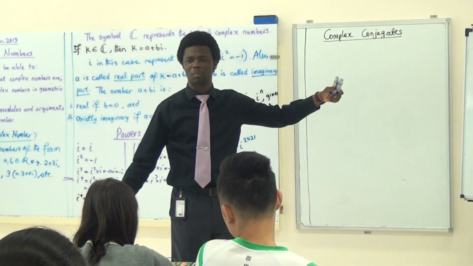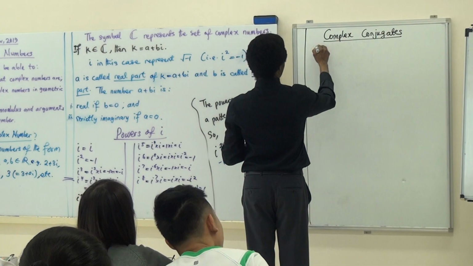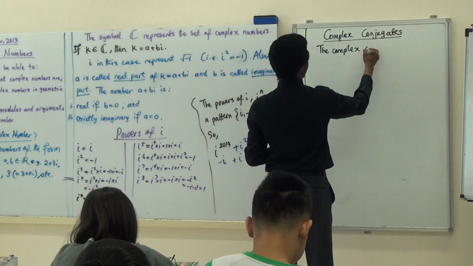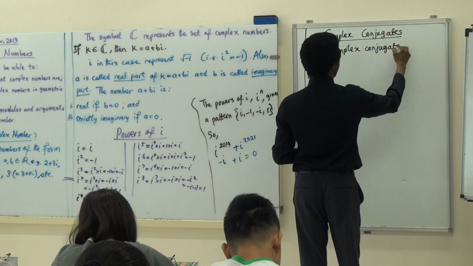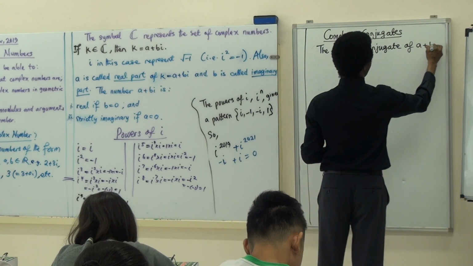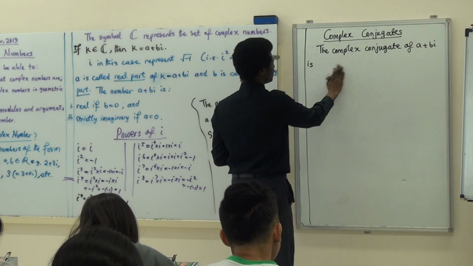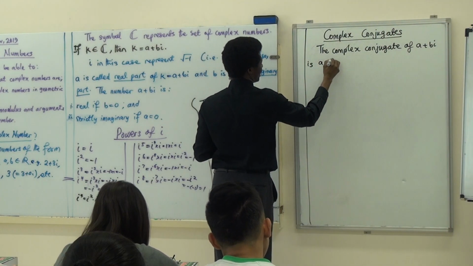So similarly in complex numbers, let's write the complex conjugate of a plus bi. Can somebody guess? It is a minus bi.